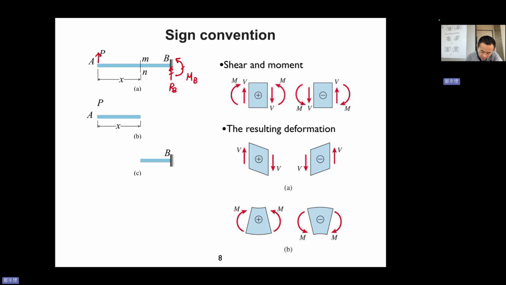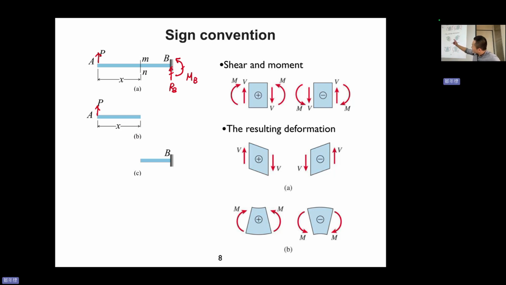If I keep the left-hand side, we can see the P here, and if we keep the right-hand side, we cannot see any P, right? So here and here, after the cut. Now, very important.